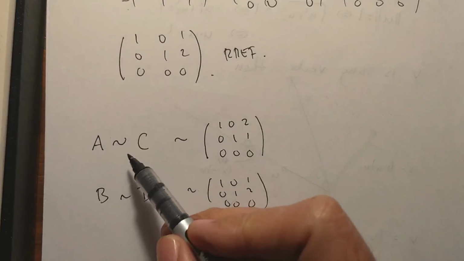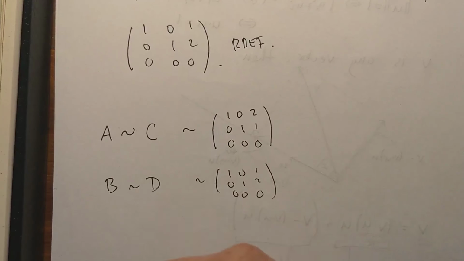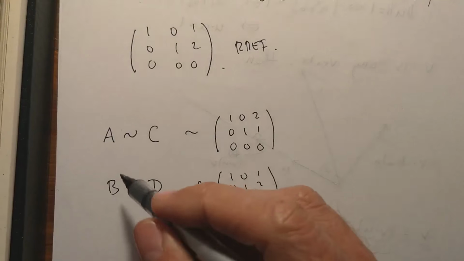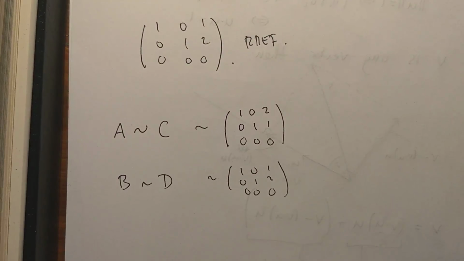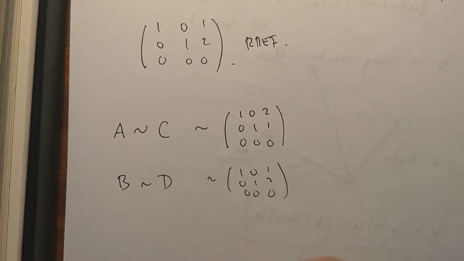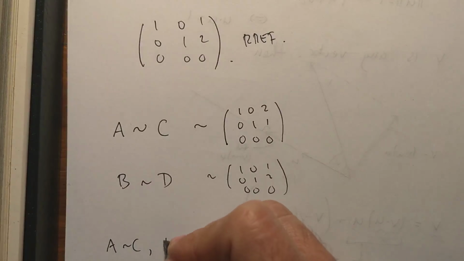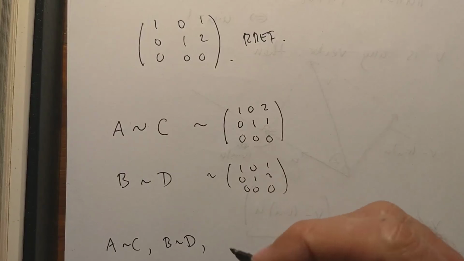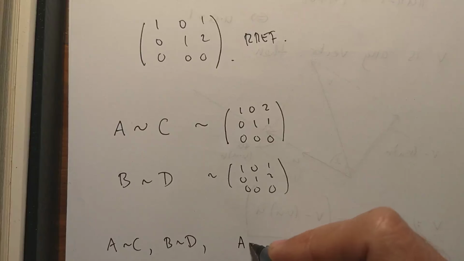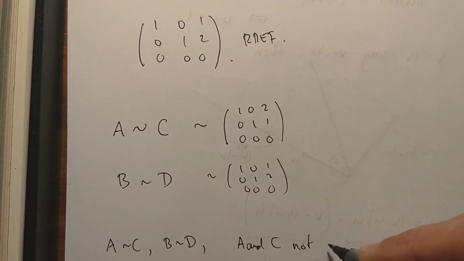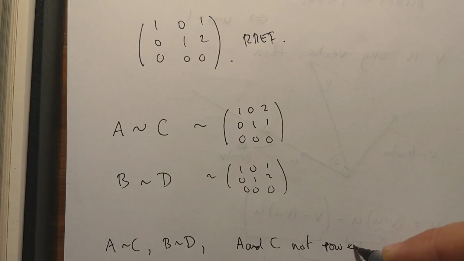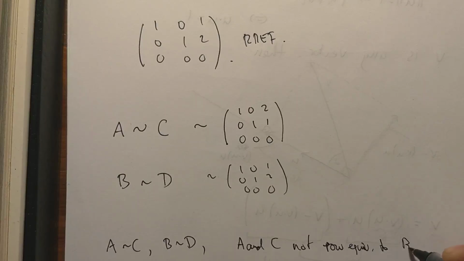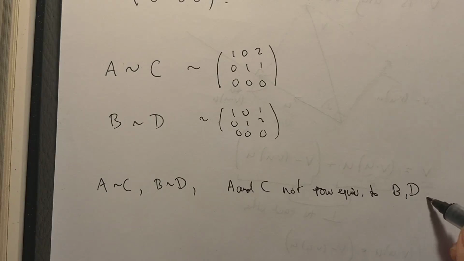So A is equivalent to C and B is equivalent to D, but there are no further equivalences between them. A and C are not row equivalent to B and D. So that problem is now finished.